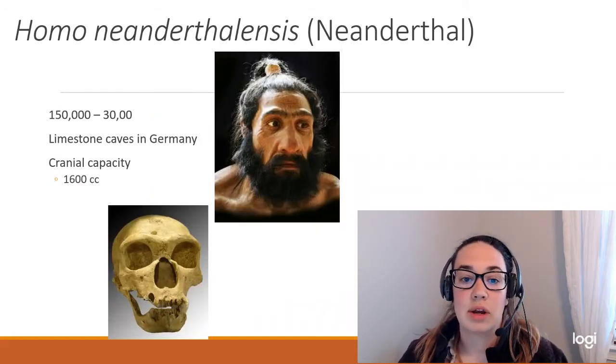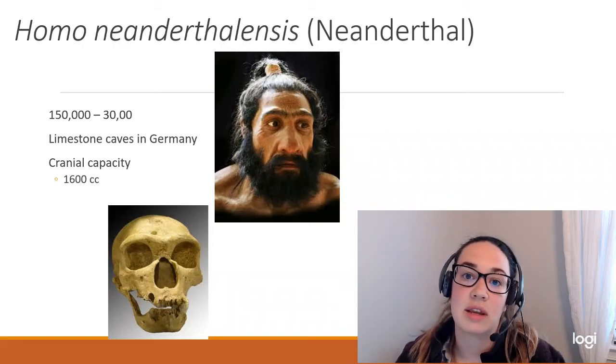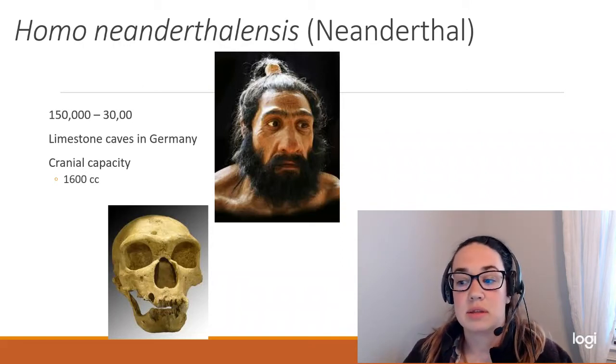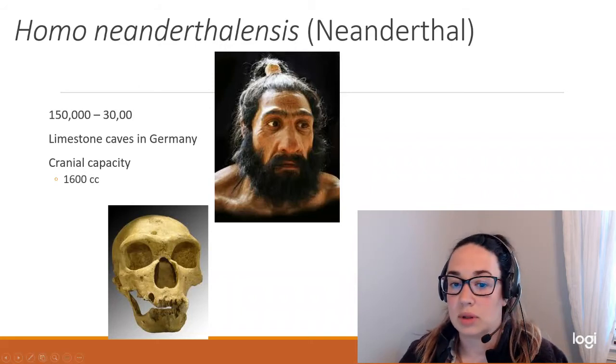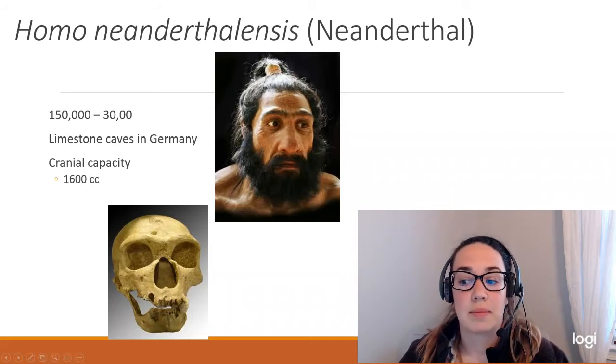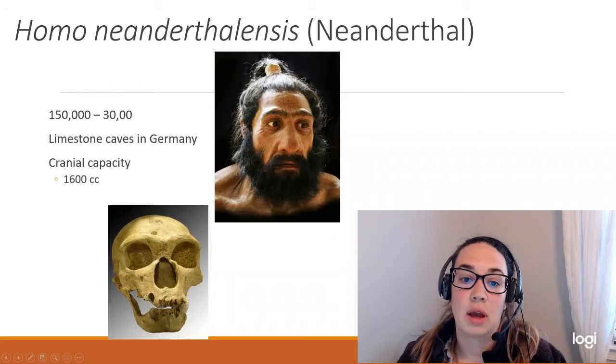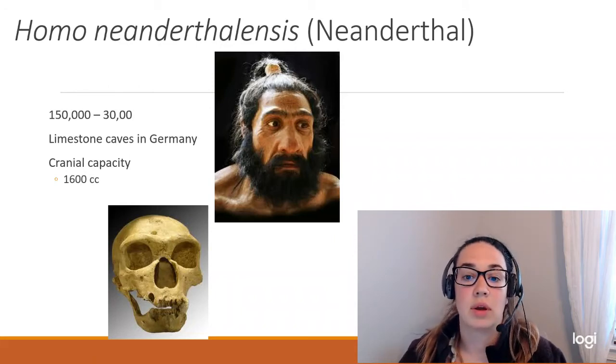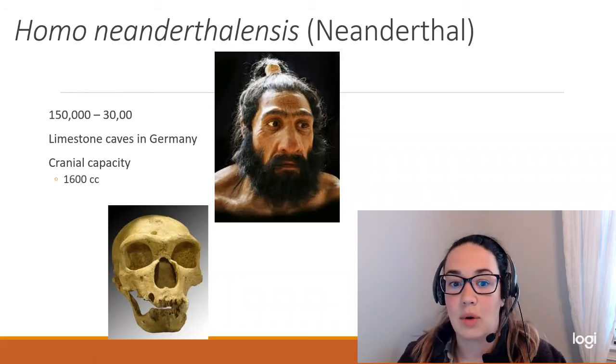Okay, so moving right along here, now we're at Homo neanderthalensis. So these are our Neanderthals. And so these occurred approximately, it's kind of cut off here, but 150 to 30,000 years ago. So these are the Neanderthals that we know of.